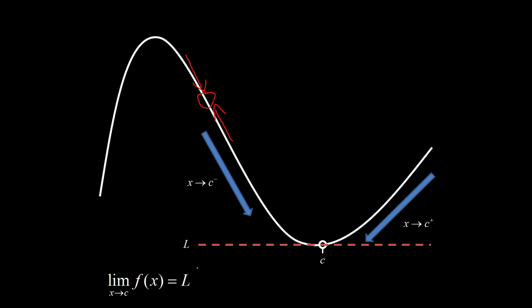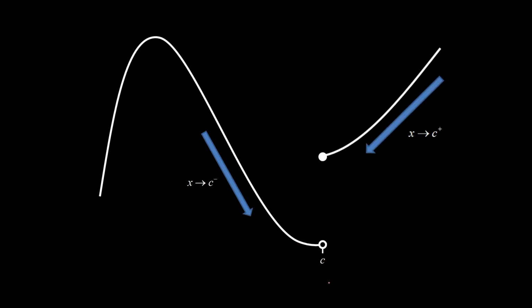So when does the limit fail then? Well, instead of having a solid line like this, we can cause the limit to fail by breaking that line. So now in this case, when we approach from the right and approach from the left, these heights are no longer the same. There's now a difference in these heights.